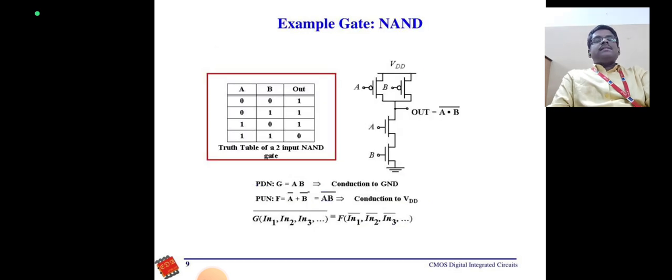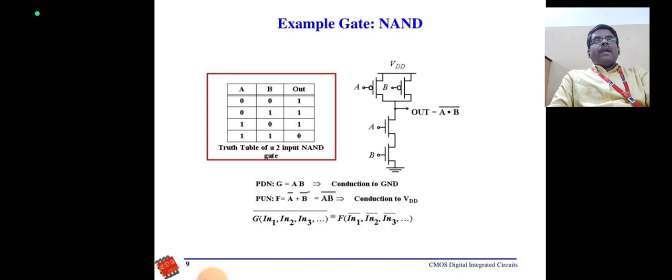This is the basic logic circuit diagram for a NAND gate. The PMOS transistors form the pull-up network, so that circuit is on the upper side.